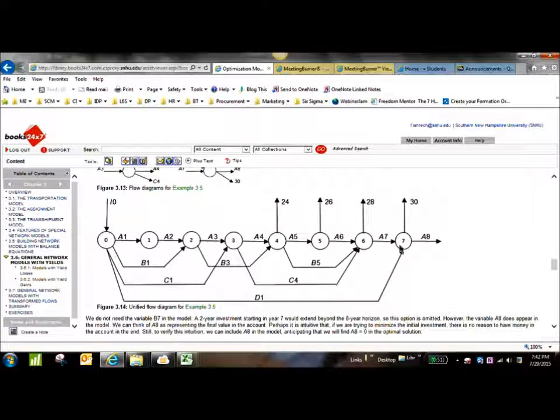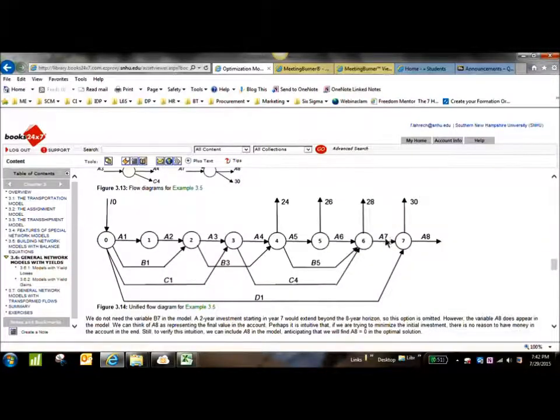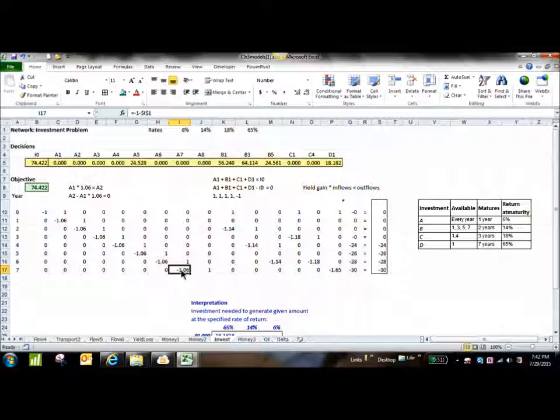So if we look at, for example, year 7, how would you write this? You have 2 arrows inflows, and you have 2 arrows outflows. If we come here, what you see here is A7. A7 is negative.